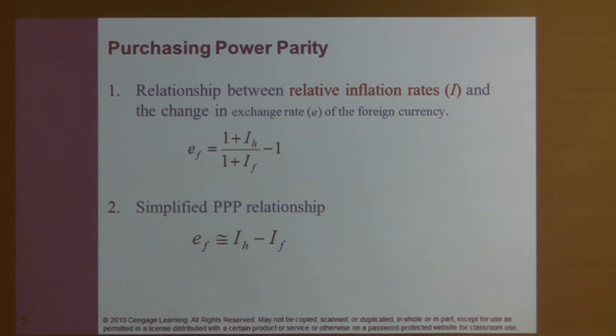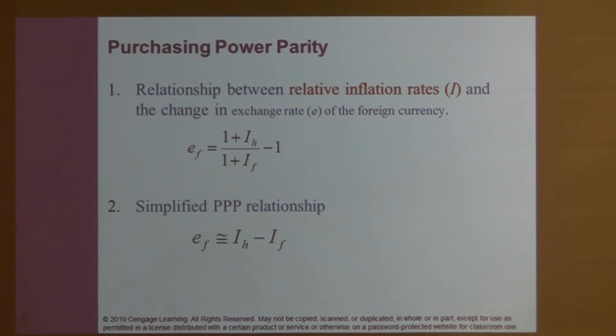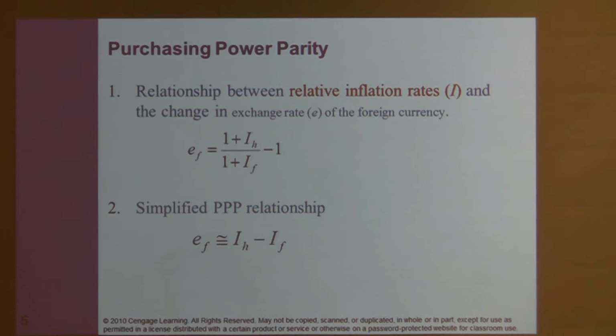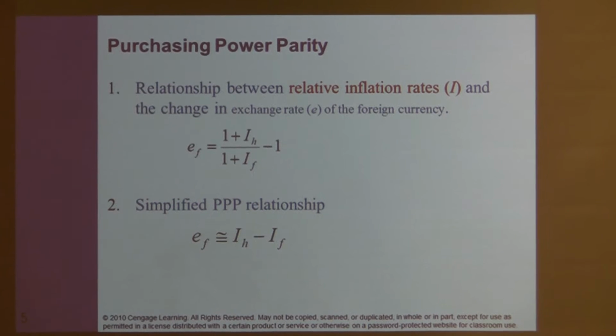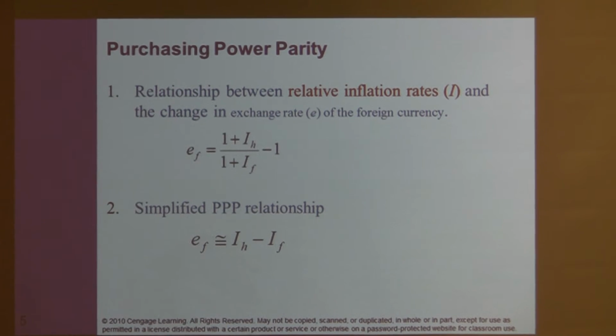Let's assume that the US has an inflation of 3% and Europe has an inflation of 5%. The difference in inflation is 2%, and based upon approximation, we can expect the dollar to increase by 2%.